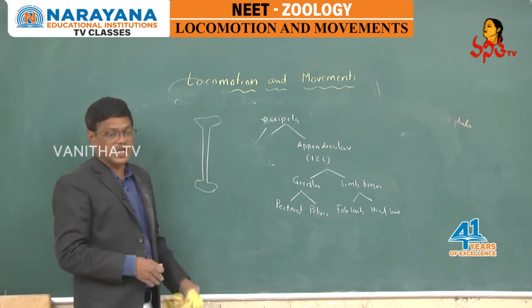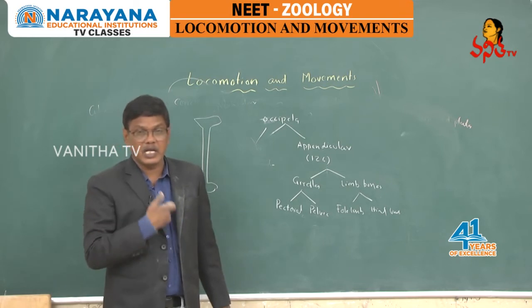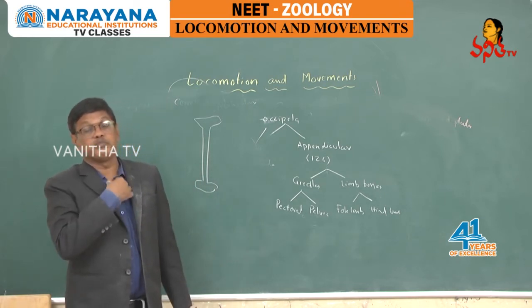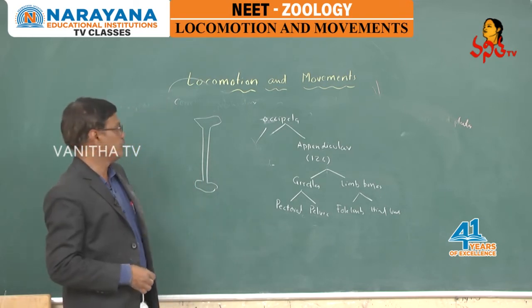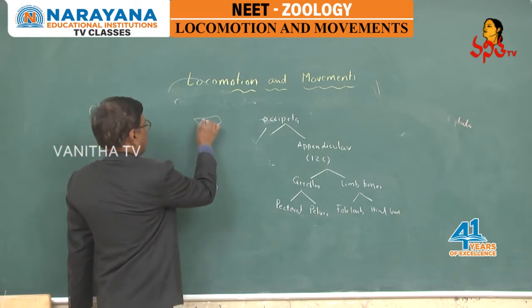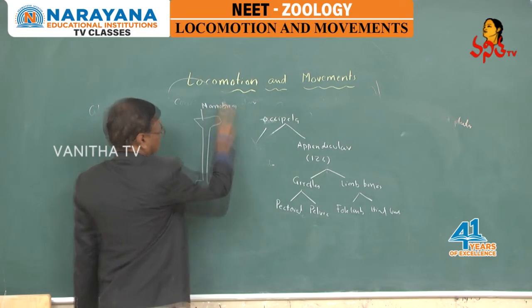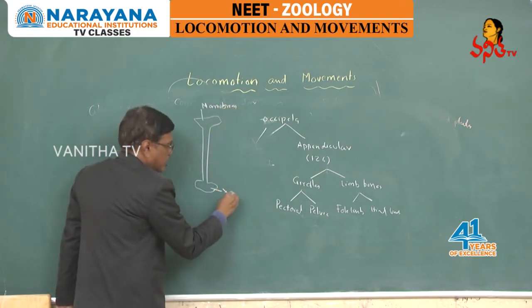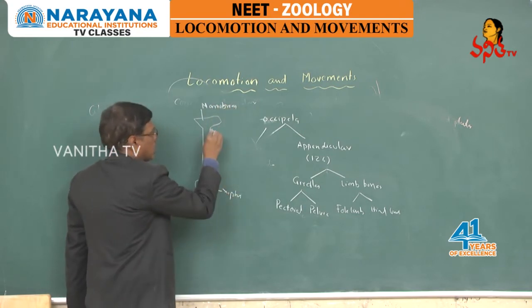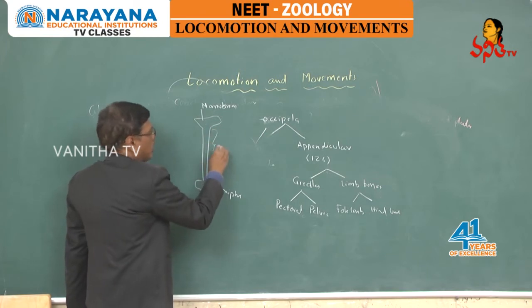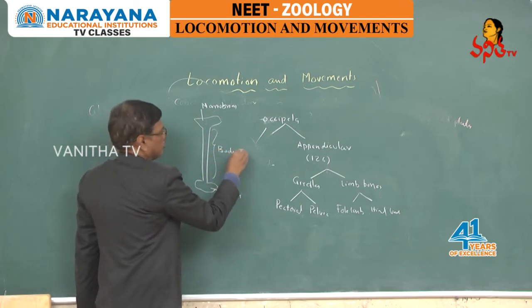Where is the sternum lying? Mid-ventrally in the thoracic region. The proximal part of the sternum is called the manubrium, the distal part is called the xiphoid sternum, and the middle is called the body of sternum.